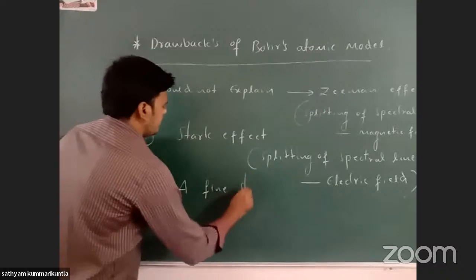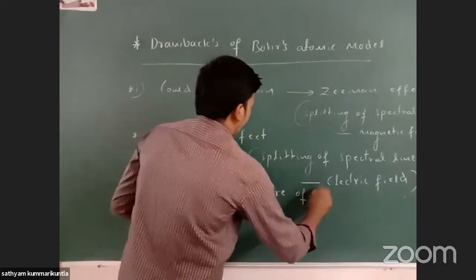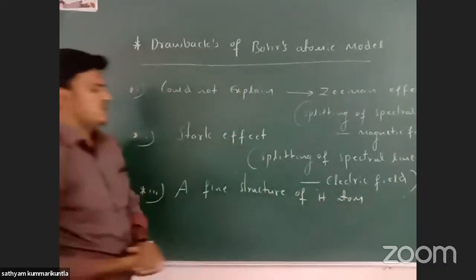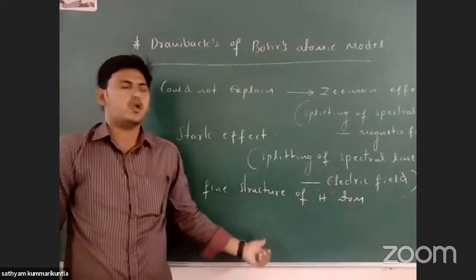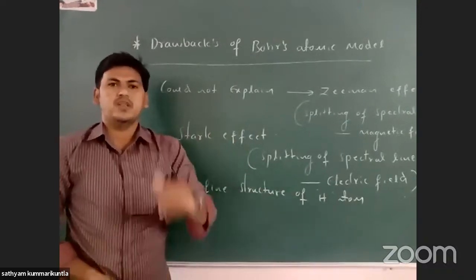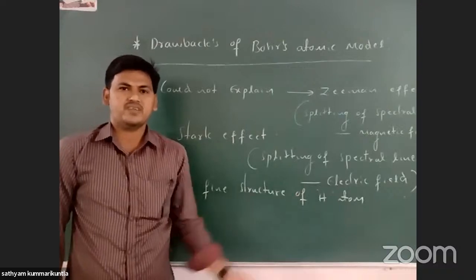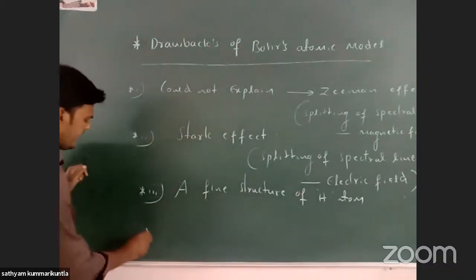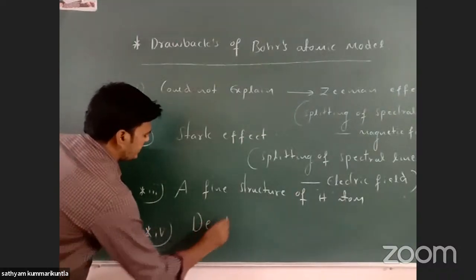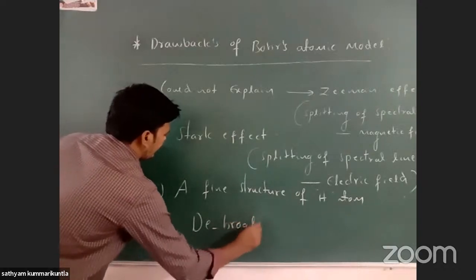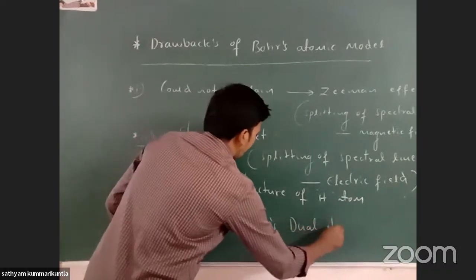And the fourth drawback: Bohr's atomic model could not explain de Broglie's dual nature.